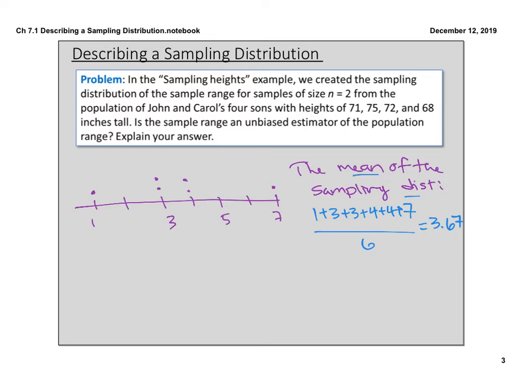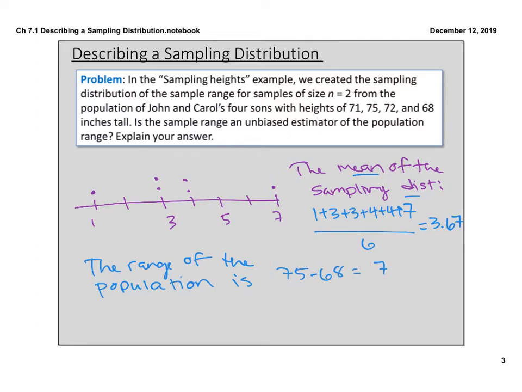Now, the actual range of the population is 75 minus 68, which is 7.